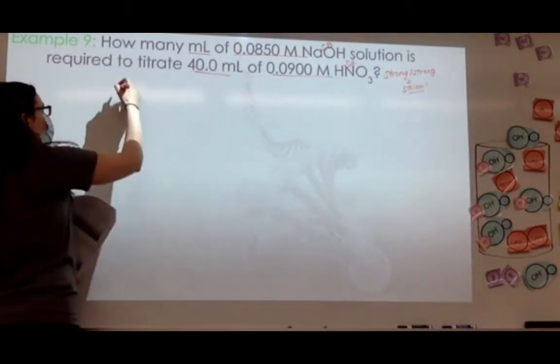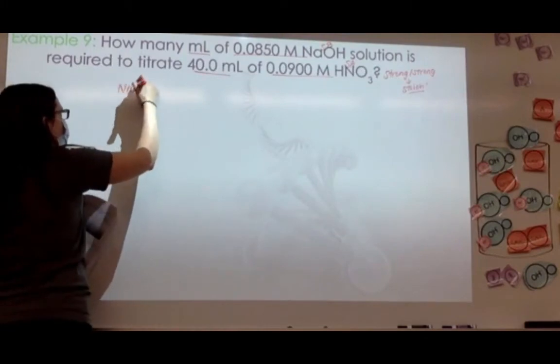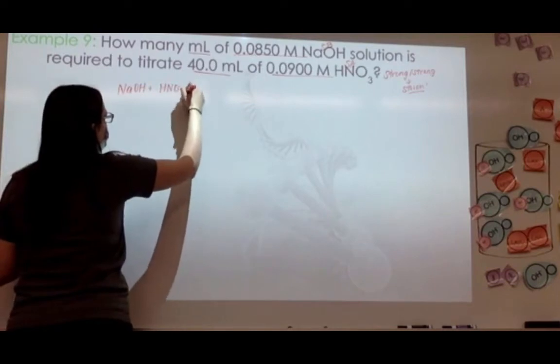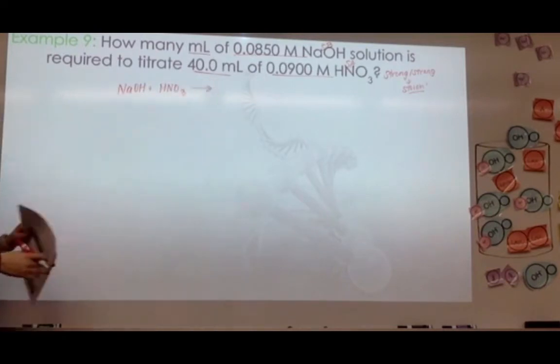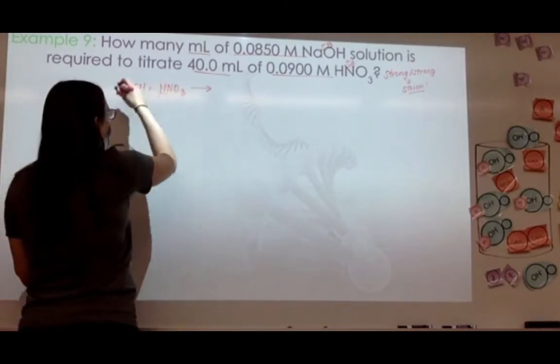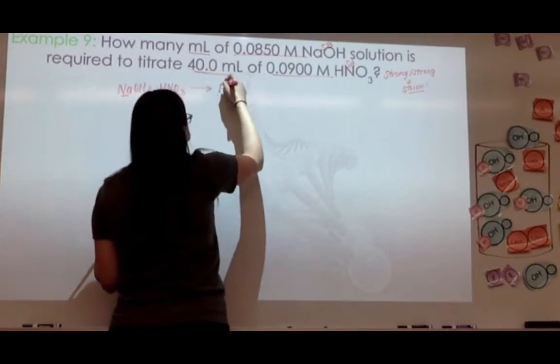So if we write our balanced equation, just to make sure we know our mole ratio: NaOH plus HNO3. This is an acid-base reaction. It's a neutralization reaction. Acid plus base yields salt plus water. So our positive ions switch places.